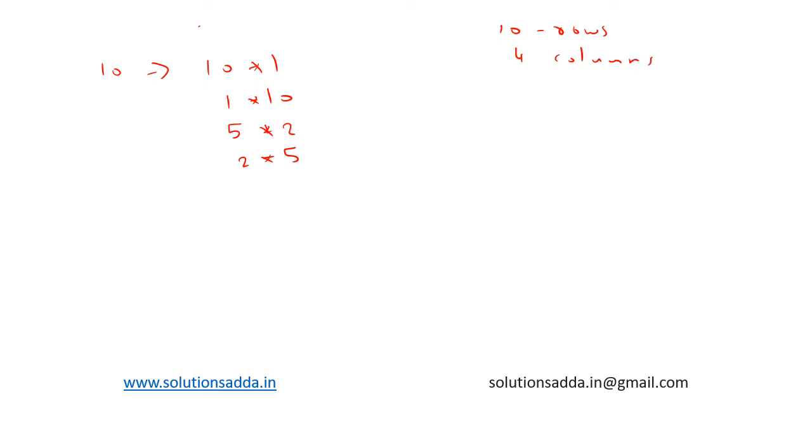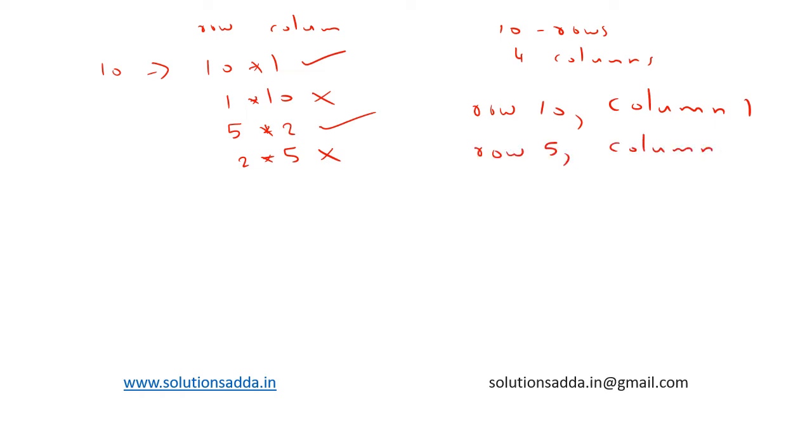So assume this as row and this as column. This is a possible combination. This is not a possible combination. This is a possible combination. This is not a possible combination. So only 2 combinations are possible. Row 10, column 1, and row 5, column 2. These are the possible combinations.